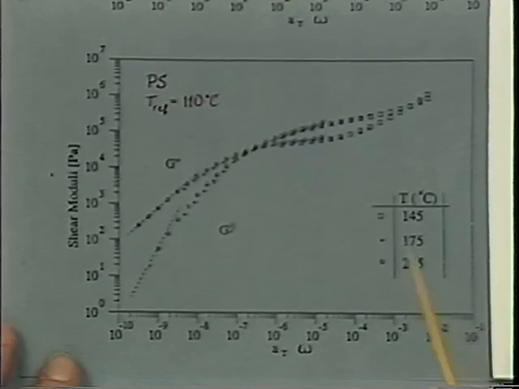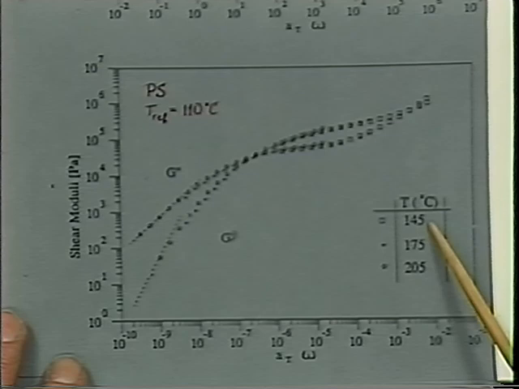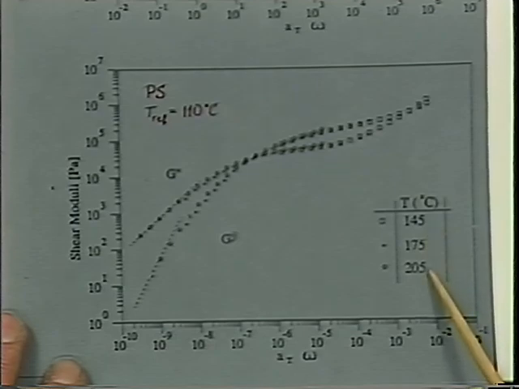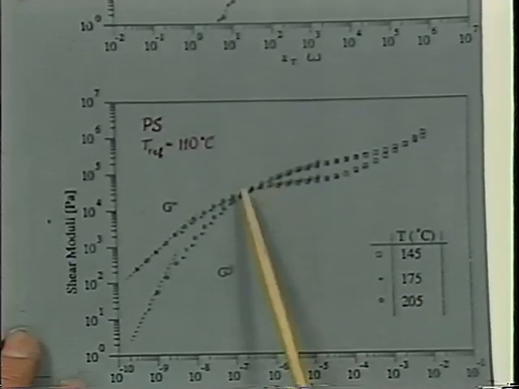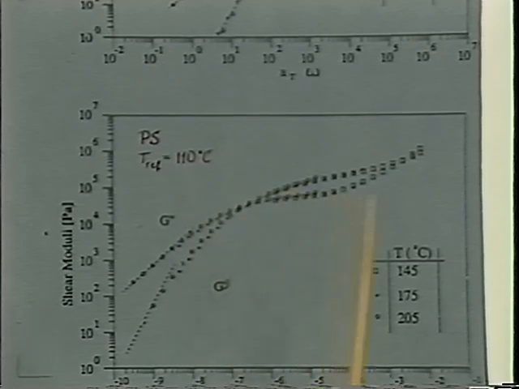And we also took data on the polystyrene at temperatures much above the glass transition temperatures. 145 degrees was the highest temperature. But again, from those temperatures, we determined the shift factor and shifted everything to 110 degrees C. So it's an extrapolation. I know that we are introducing an error when doing that, but it gives us an order of magnitude feeling about the relative mobility of our two molecules.